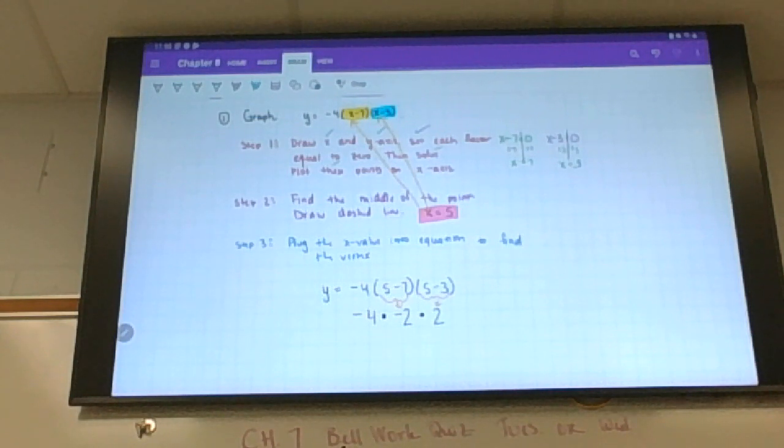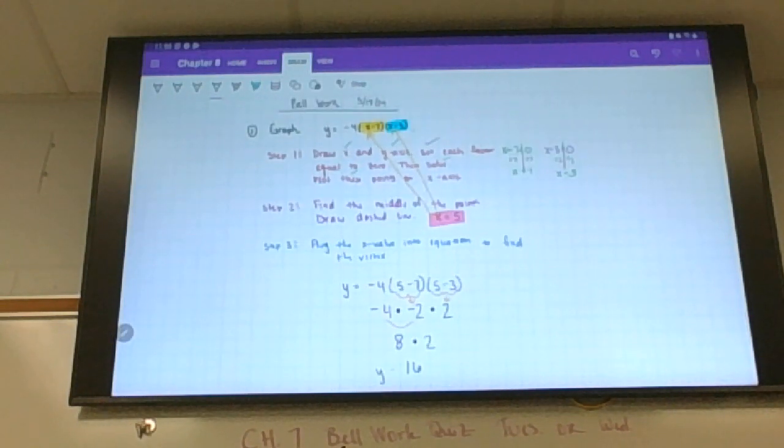So that would be -4 times -2 is 8, and 8 times 2 is 16. Now that's y equals all the way through. So the vertex is going to be 5, 16.